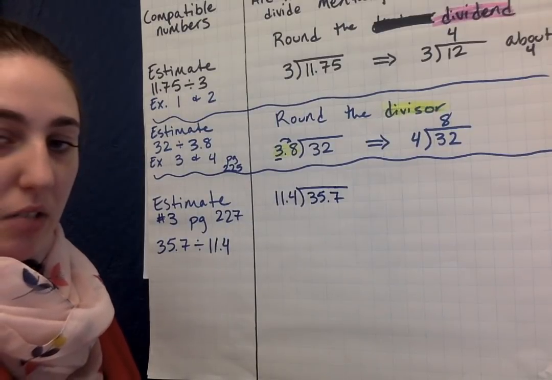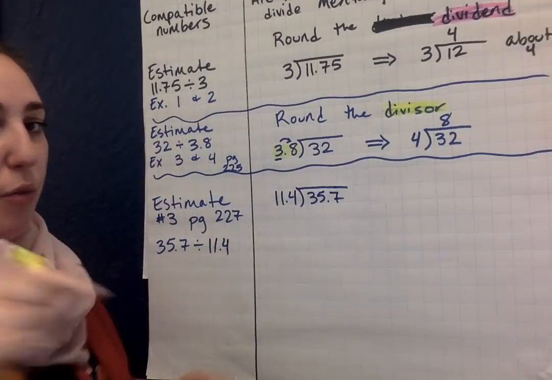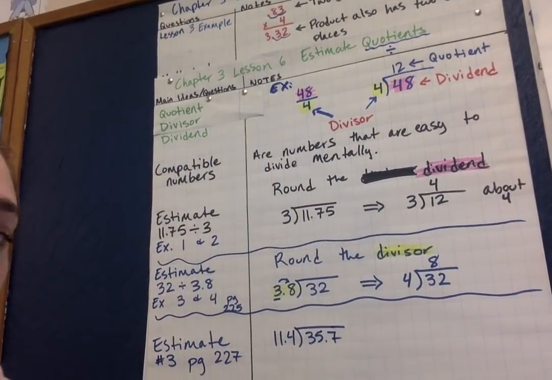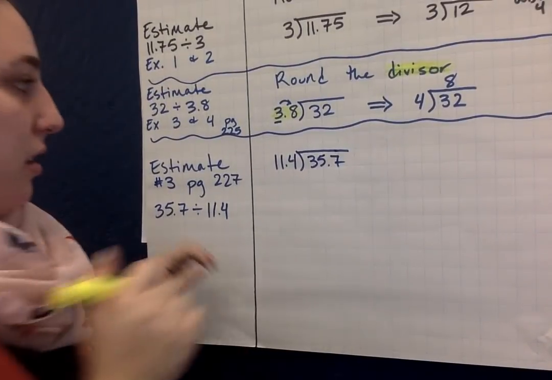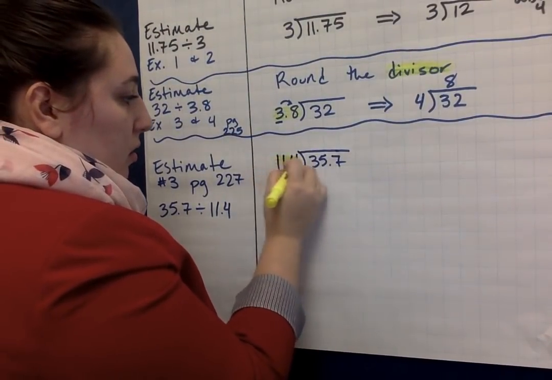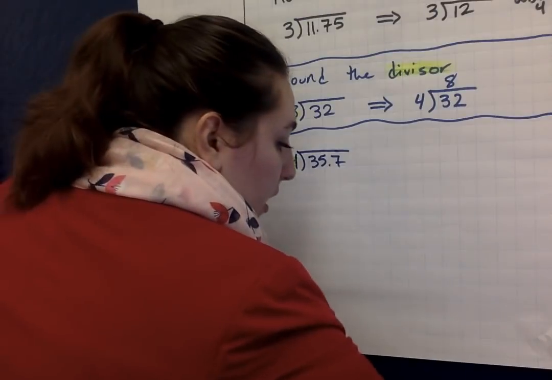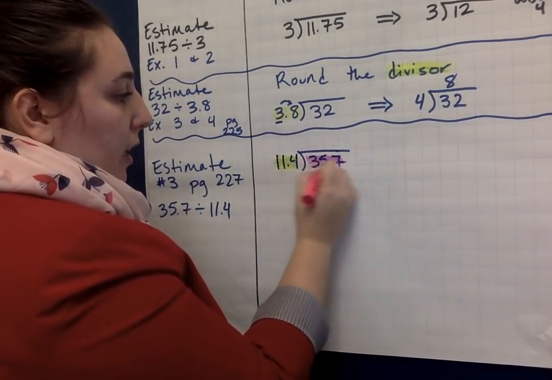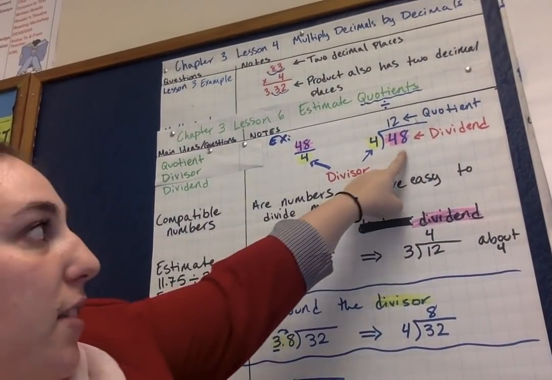Well, if we look up here, our divisor is going to be the denominator. So I'm going to highlight that yellow. Okay, and then I'm going to highlight our numerator pink because it is our dividend.